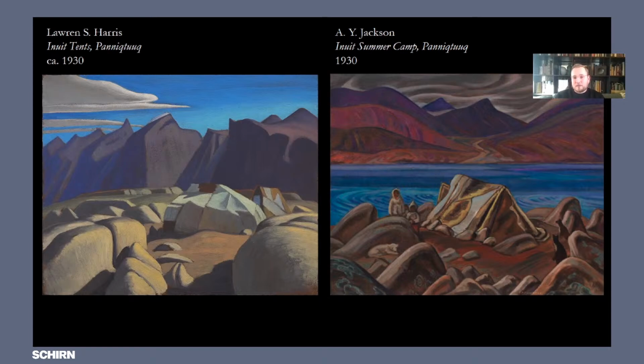So in these two paintings, you see how both Harris and Jackson are turning towards this mountainous landscape. And you see it especially in Harris, in the middle, these images here, where you see these Inuit tents.